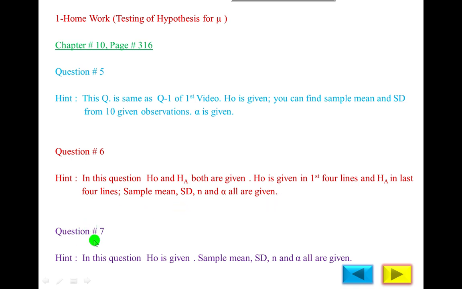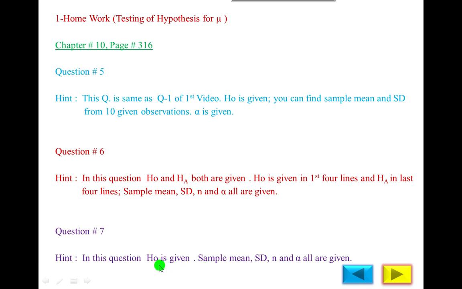Next question, question number 7. In this question, H0 is given, same as question number 5 or question number 1 of the previous video. H0 is given, sample mean, standard deviation, N and alpha, all are given same as this. Alternate is not given. Alternate is a parallel setup of the null hypothesis.